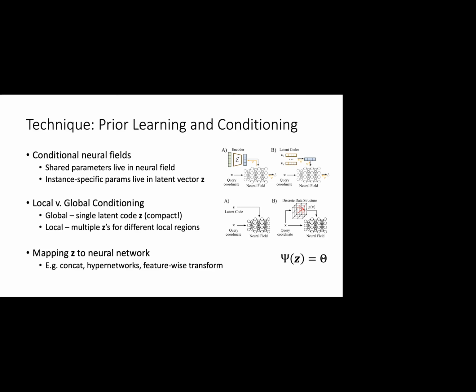The way I've seen this done most often, the way they do it in Nerf in the Wild, is with concatenation. You concatenate your vector Z with your neural network parameters, and boom, you have your actual neural network parameters. There are also hyper networks where you put Z into a neural network and whatever comes out is your neural network parameters. And then there are feature-wise transforms, and I'm sure you can come up with other ways to do this too, but there are pros and cons to each.